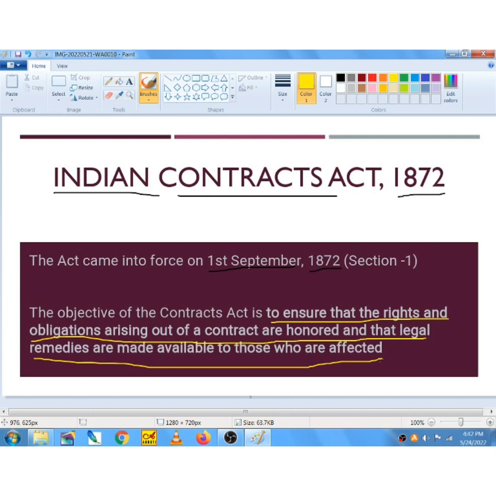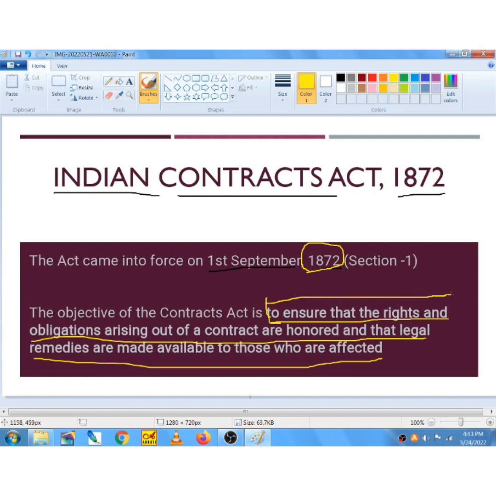But after I supply the rice, when I ask you for payment, you tell me, who are you? When did I make any contract with you? So this may have been the situation in 1872, or else there were no effective remedies. So this act ensured that such situations don't happen and there is no breach of contract, and the parties are protected by the courts.